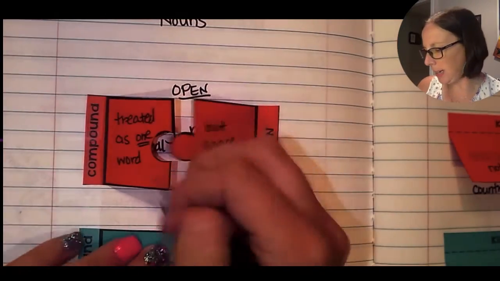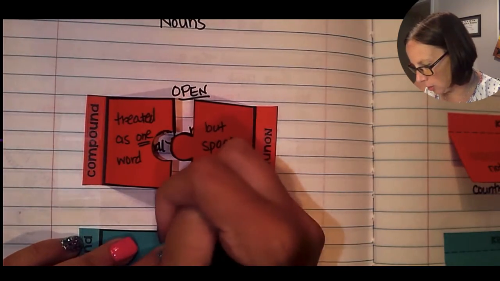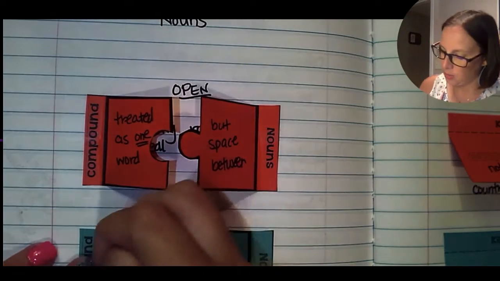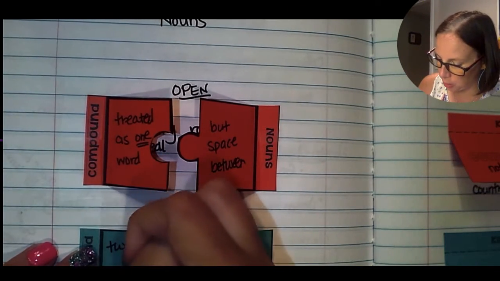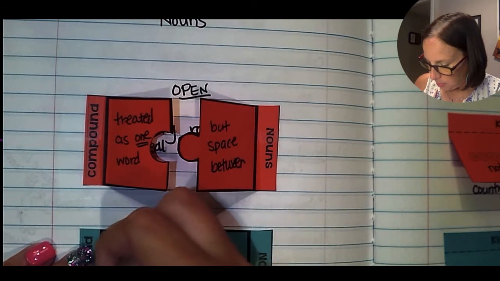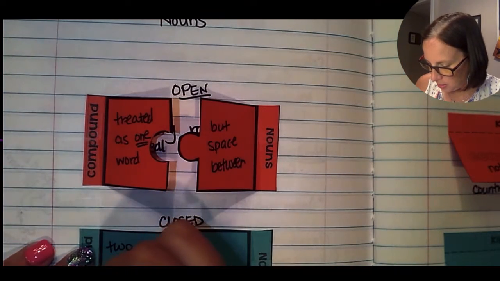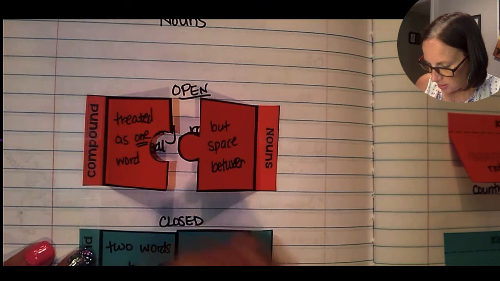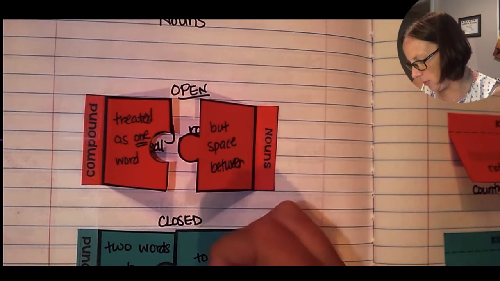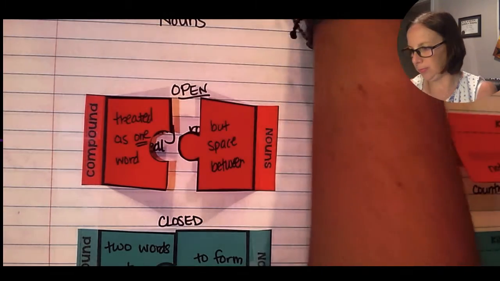The second kind is called a closed compound noun. This is 2 words put together to form one.